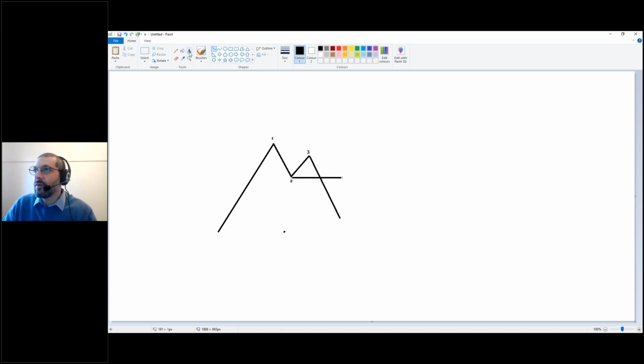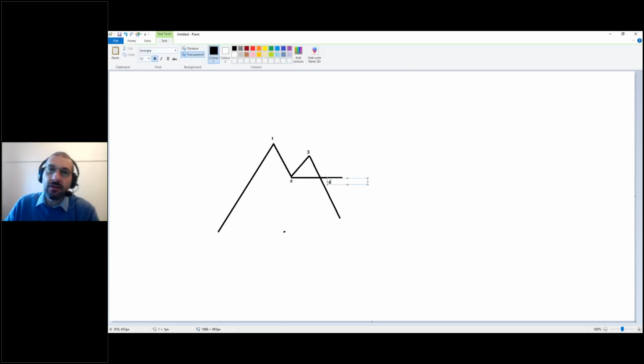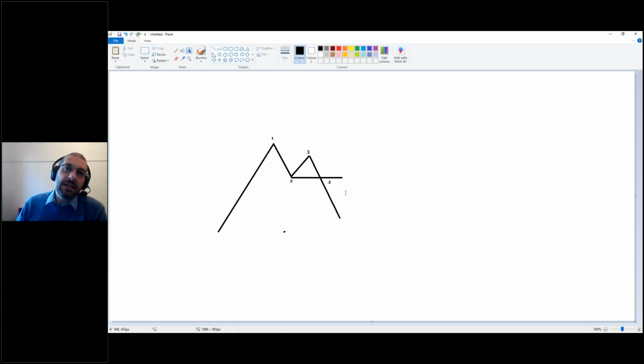So I would put 4 over here. So we only really know we've got a trend after point 4. Okay, so even with peak and trough analysis, we just don't know. That's the issue we're having with the weekly chart on the dollar at the moment. We've got 2 points. We don't even have 3 points yet.